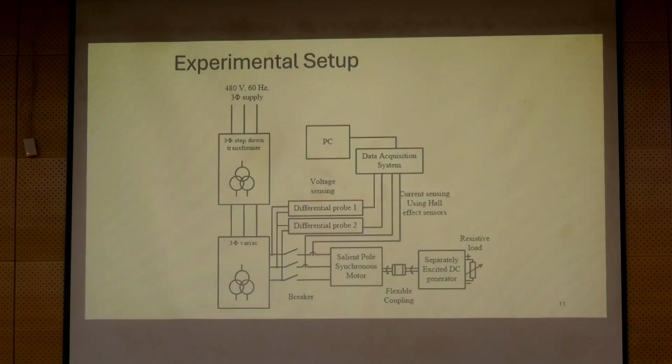And therefore, I just measured the 2 line-to-line voltages and 2 line currents. I did not measure anything else. But ideally speaking, you should be measuring 3 line currents and 3 line-to-line voltages in the setup.